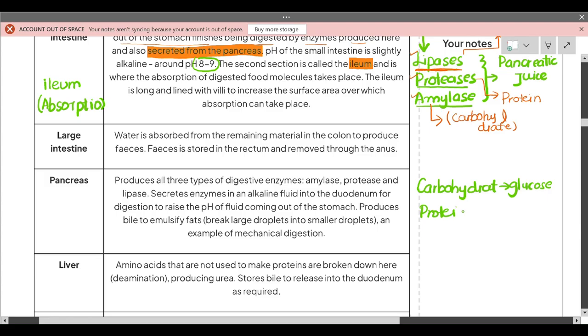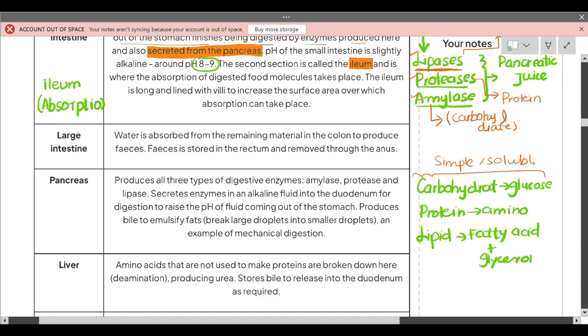Proteins at the end produce amino acids, and the breakdown of lipids results in the formation of fatty acids and glycerol. These are the simple and soluble substances that can be absorbed in your blood. So where would this absorption take place? In the second part of the small intestine that we call the ileum.